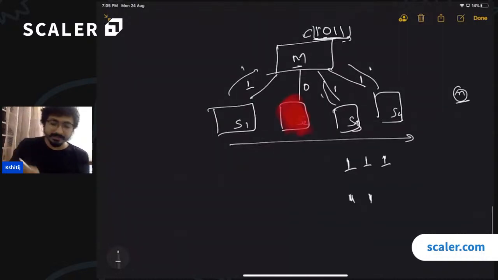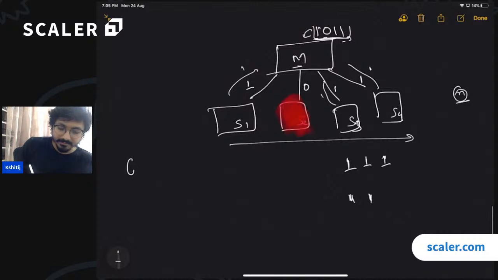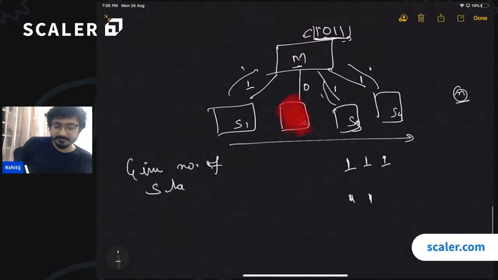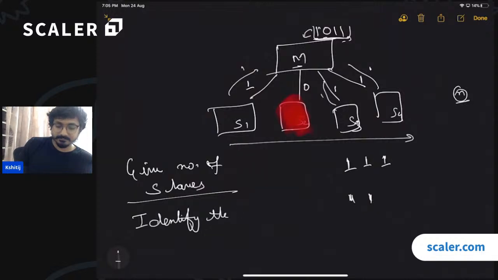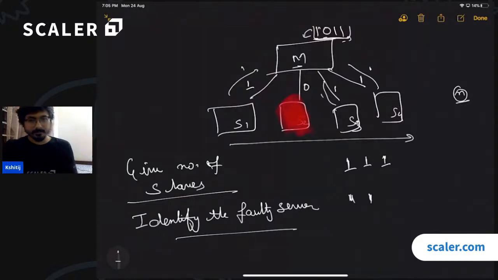You are only given the number of slave servers. Identify the faulty servers. Is the problem clear?